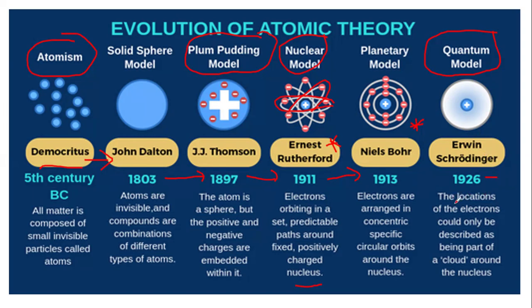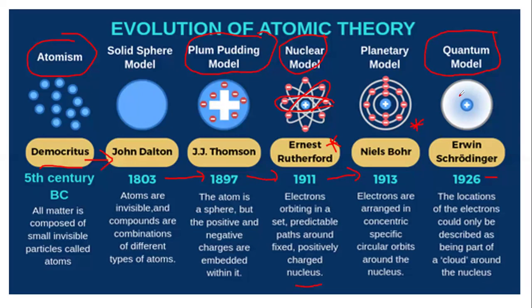If I can read here, they're saying the locations of the electrons can only be described as part of a cloud around the nucleus. You can only know that those electrons are in this region, but you can't predict exactly where in this region the electron is. So that's what the quantum model is, right?